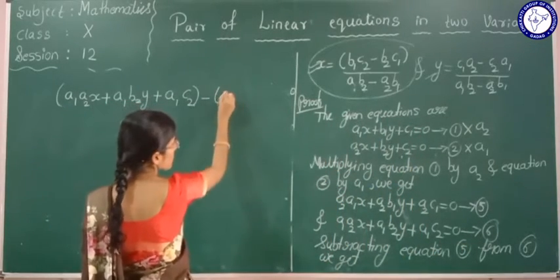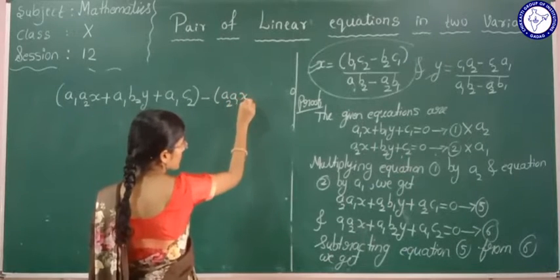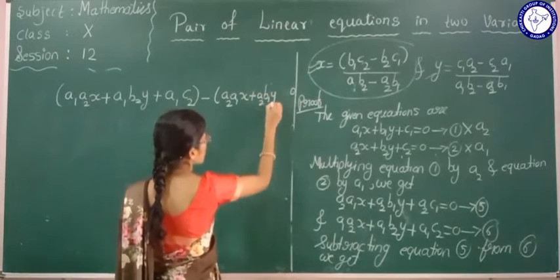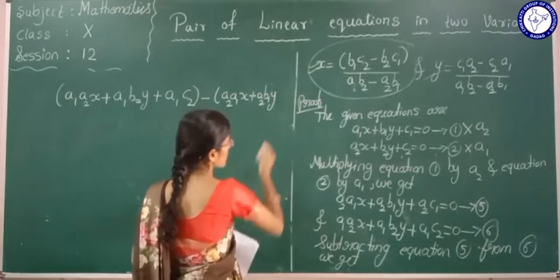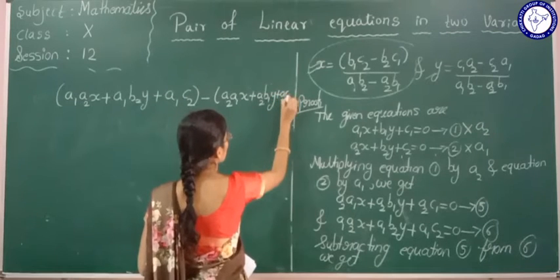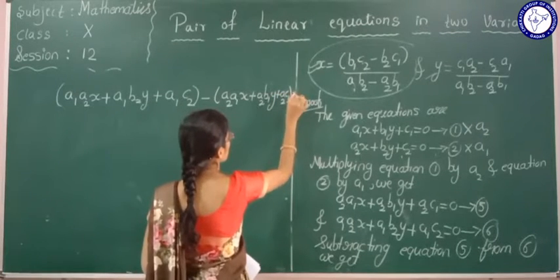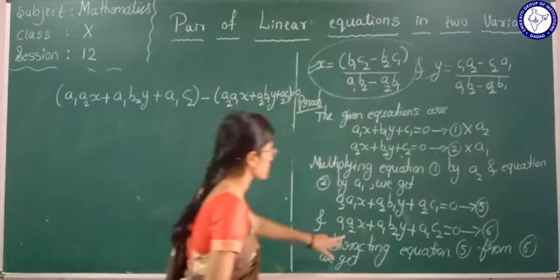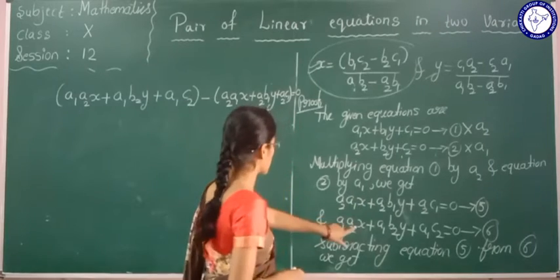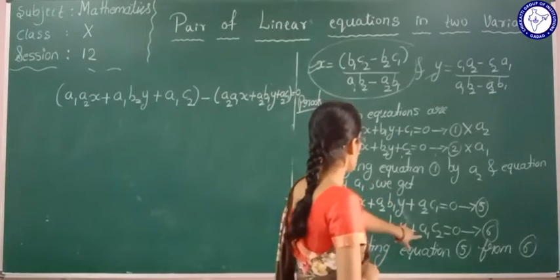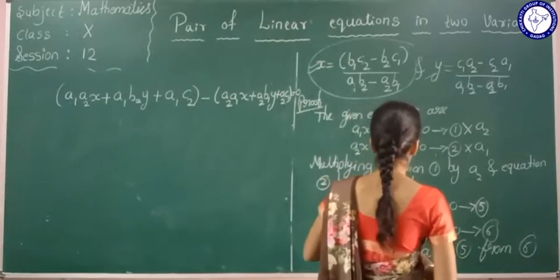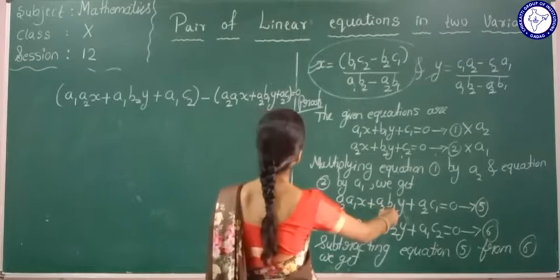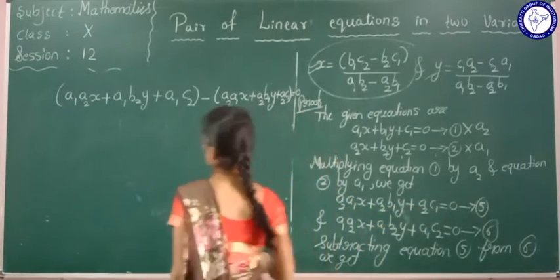What is equation 5? a2a1x plus a2b1y plus a2c1 is equal to 0. See once again, equation 6 minus equation 5, that is a1a2x plus a1b2y plus a1c2 minus of a2a1x minus a2b1y minus a2c1 is equal to 0.